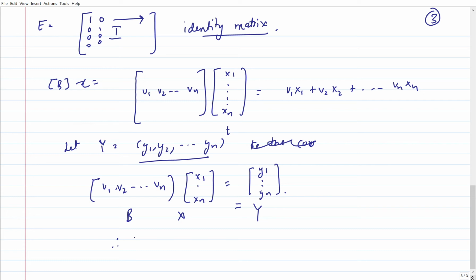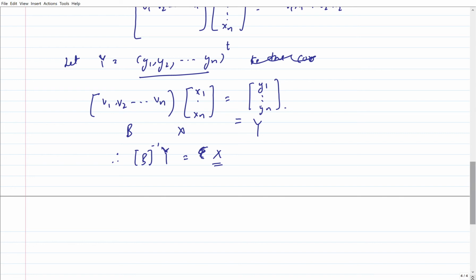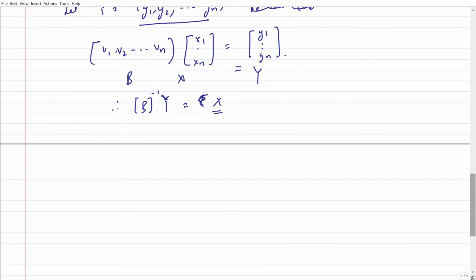So therefore B inverse y is equal to x, the column vector of the coordinates. So that way I can find the coordinates of any vector y.